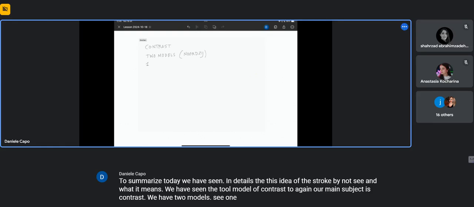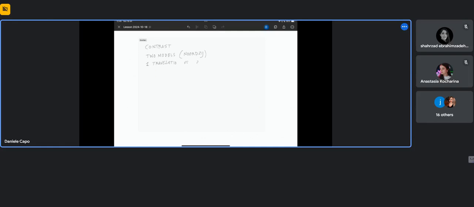One is translation. And the other is expansion.